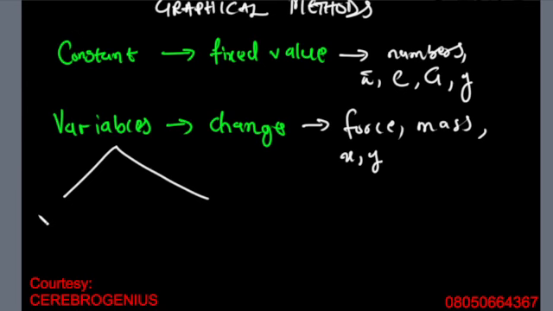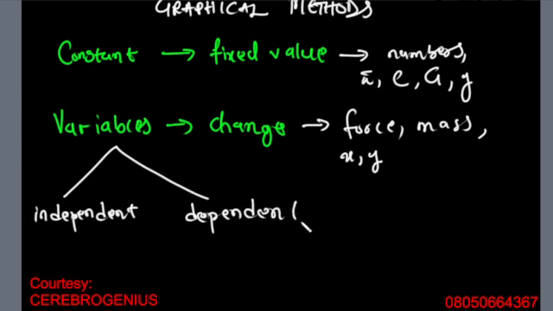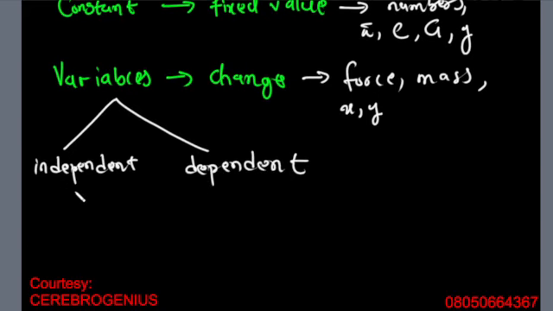A variable can be independent and it can be dependent. Now, what's the difference between these two? When a variable is independent, it can assume any value.